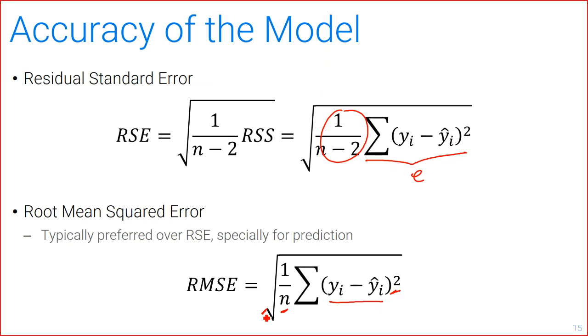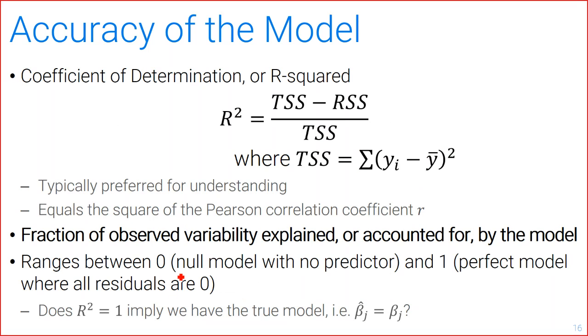Typically, what they want to do is minimize this quantity, the RMSE, because it's just looking at every observation and how large the residual is for every observation. And so typically, if all you care about is the quality of the prediction, normally you refer to the RMSE.